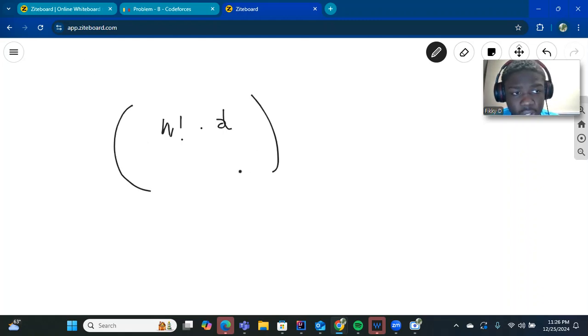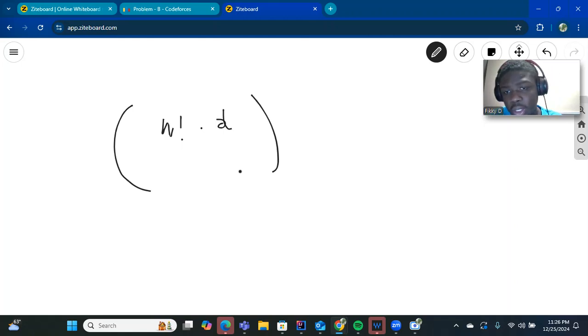So check if either d or n factorial has a 9 in it, or check if both of them have at least one 3 in them.